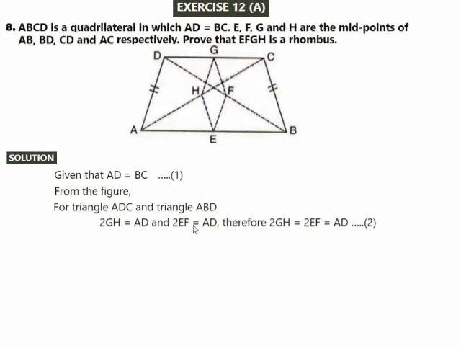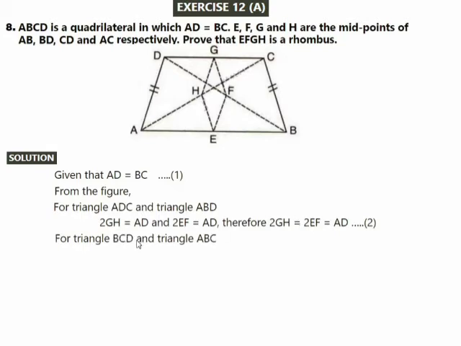Okay, so AD is double of EF. That's what is written. Now this is also AD, this is also AD. So if I combine these two, I can write 2 times GH is equal to AD, which is equal to 2 times EF. Let me call this equation number 2.